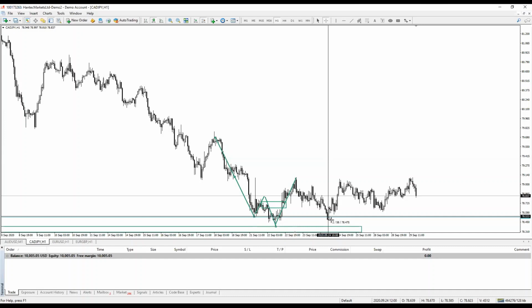We got 6.6 pips drawdown and 54 pips reaction to take. And it's not yet over. Okay, so this is how the Quasimodo works in action. So that's a buy Quasimodo example.